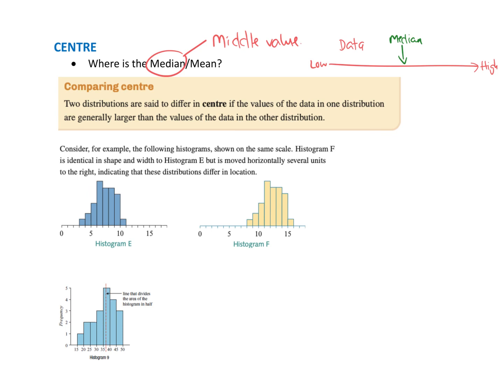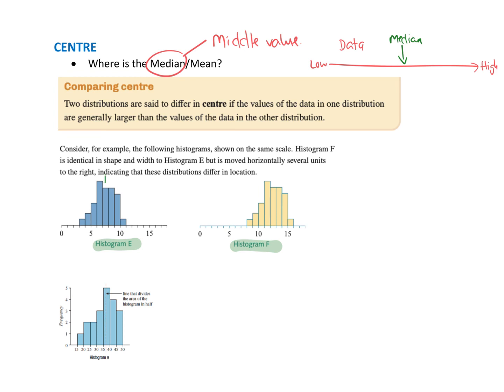If you were comparing two, say for example we were comparing this histogram E with histogram F, what we can see is the median is going to occur in the middle, where the majority of the data is. Where those big tall columns are, that's where we're seeing lots of data.